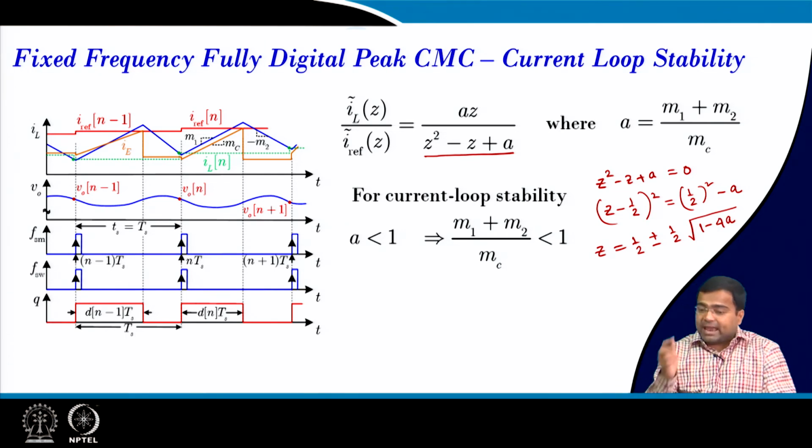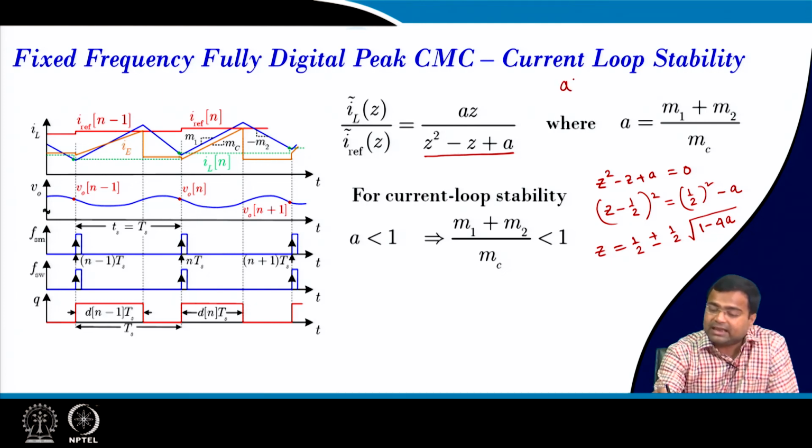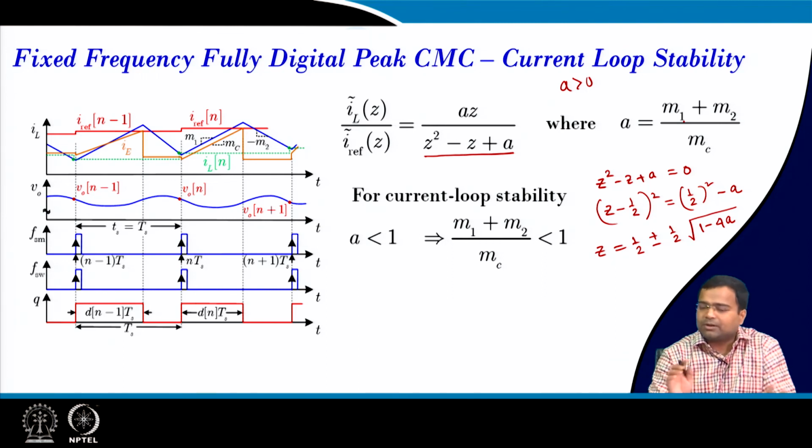So now you can see A is always greater than 0, because all are positive.